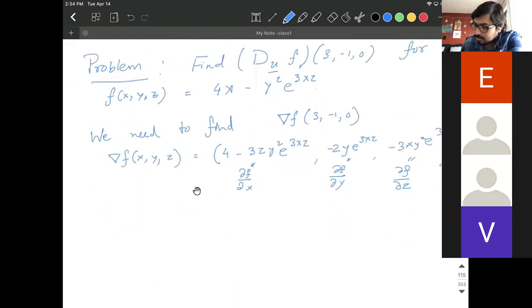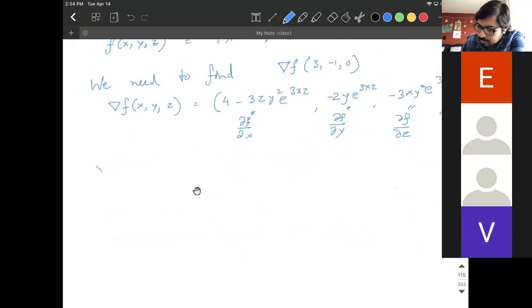Okay, so this is the gradient, and now at a particular point or a particular vector, 3, -1, 0, this is just plugging in the values. What we get is 4, 2, -9.